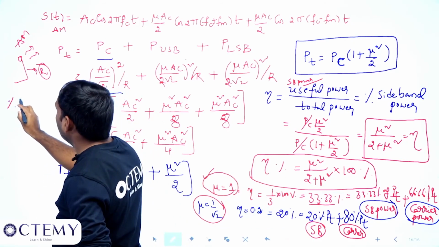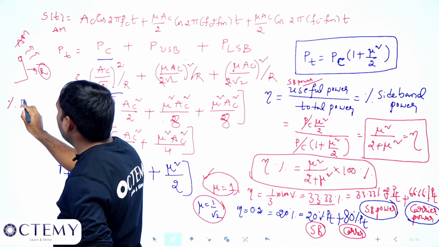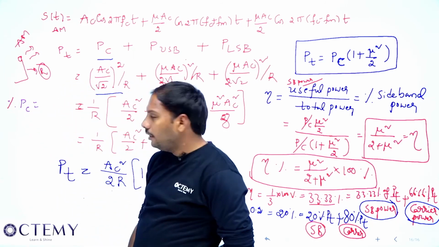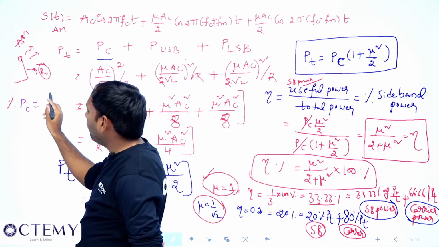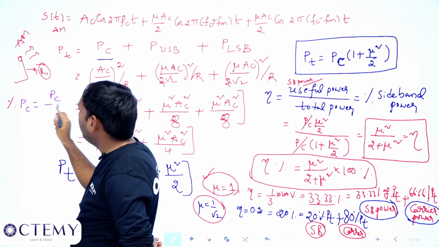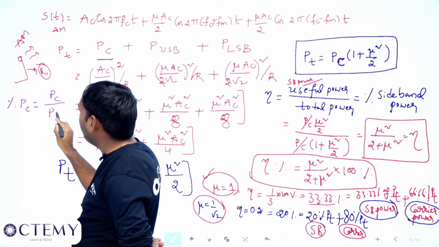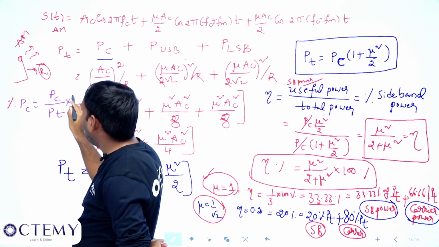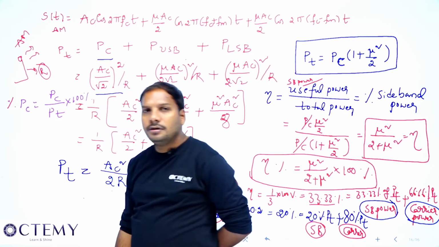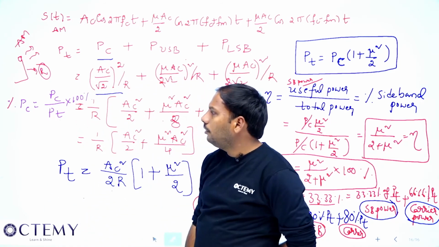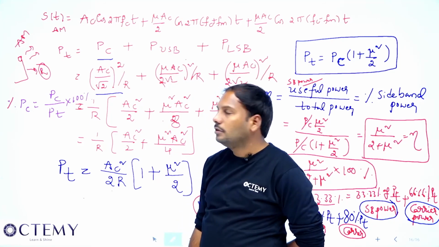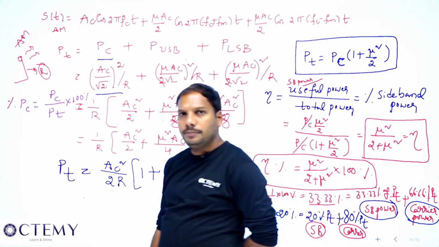Percentage of the carrier power is equal to carrier power divided by total power into 100%.